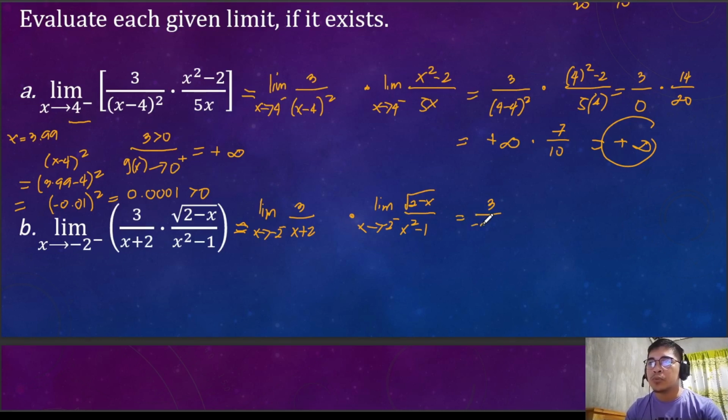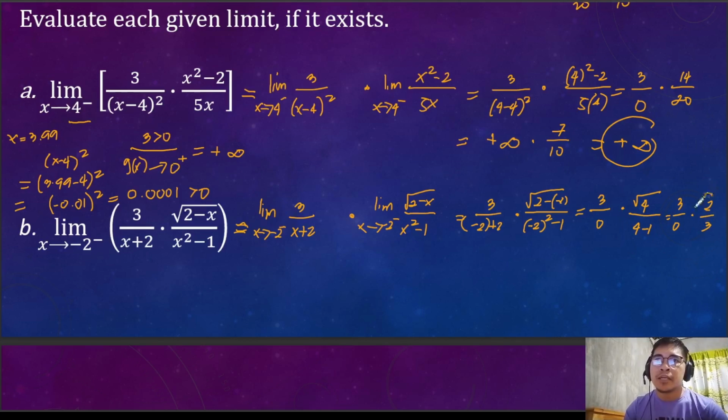Negative 2 plus 2, times square root of 2 minus negative 2, over negative 2 squared minus 1. So we get 3 over 0 times square root of 4 over 4 minus 1. So 3 over 0 times 2 over 3.